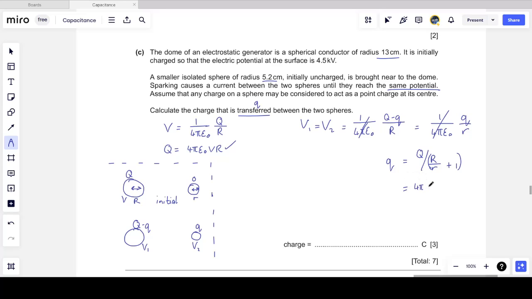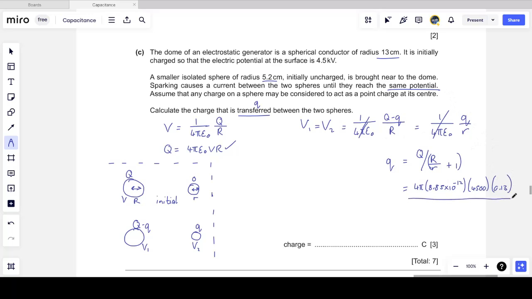And so I'm going to write it as 4 pi epsilon naught, which is 8.85 times 10 to the minus 12, times V, which is 4,500. They told us it's 4.5 kilovolts, the initial potential on the big sphere. And the value for the radius of the big sphere is 0.13 in meters.